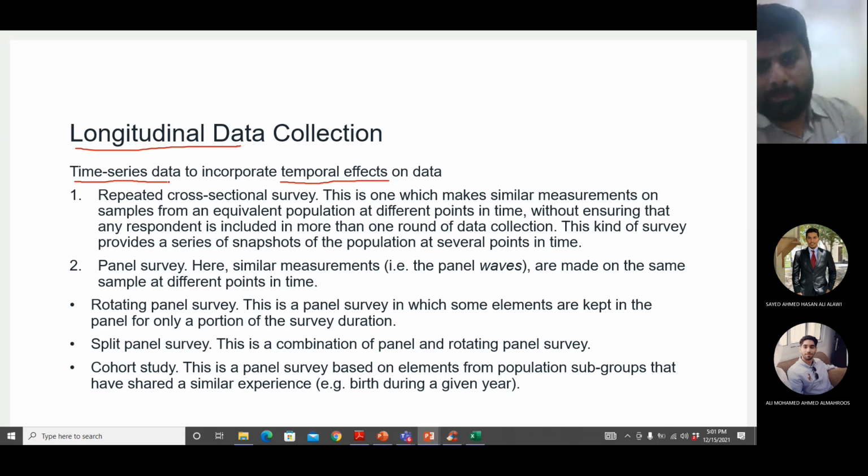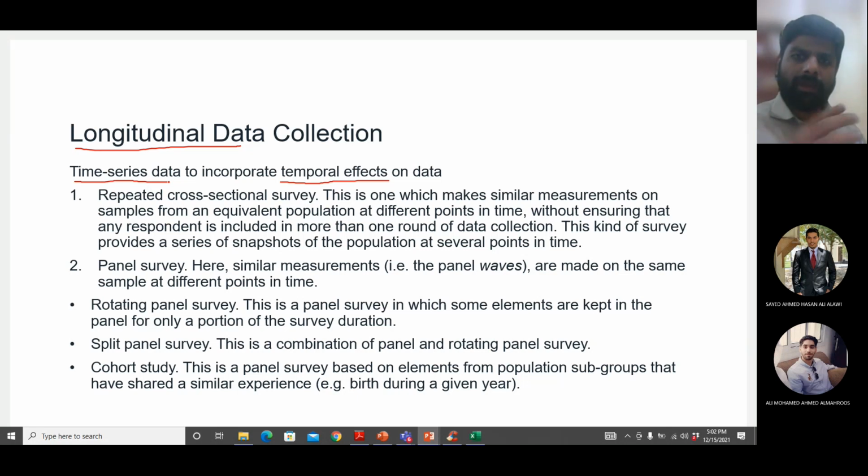For example, if you have a panel of 10, out of 10 you keep 5 or 6 the same for the first 2 or 3 surveys, and then after that you change those 5 or 6 people, but the remaining are still the same. This is a rotating panel. You change a part of the panel, take some repeated measurements from that part, and then you change that and keep the others the same.